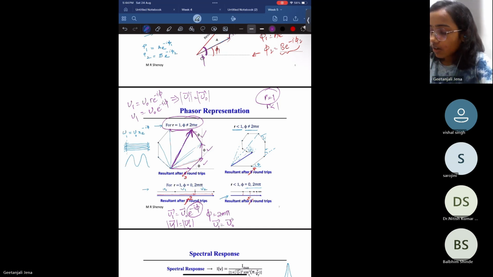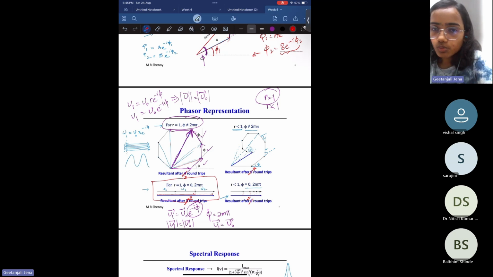That is, all these phasors are oriented along the same direction, which means they will build up after the first round trip, second round trip, third round trip. So this is what is shown in this figure.